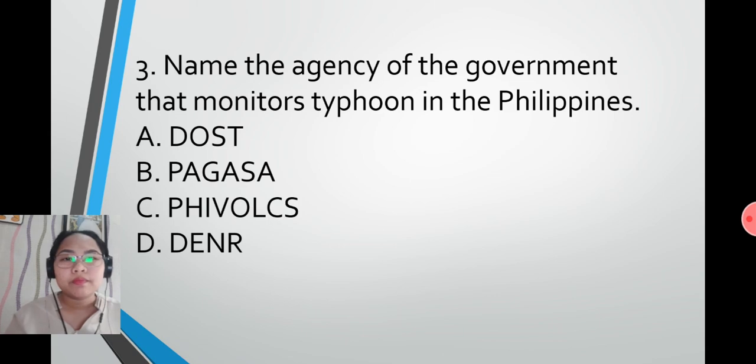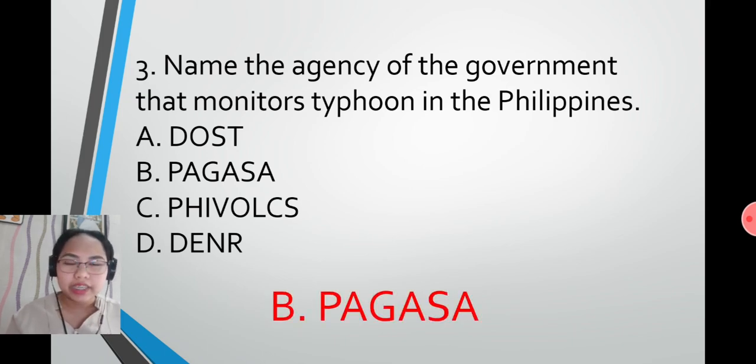Number 3. Name the agency of the government that monitors typhoons in the Philippines. Is it letter A, DOST, letter B, Pag-asa, letter C, PhilVox, or letter D, DENR? What do you think is the best answer? Very good. Letter B, Pag-asa.